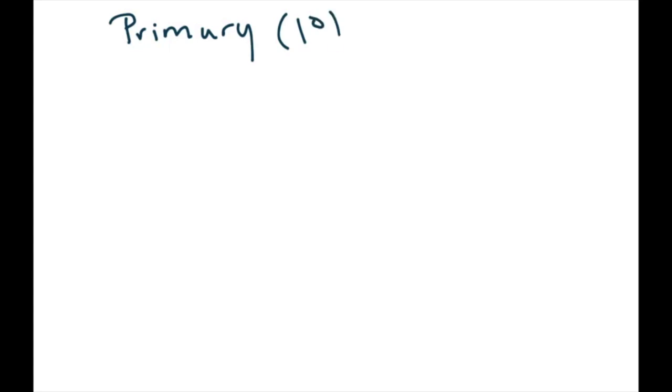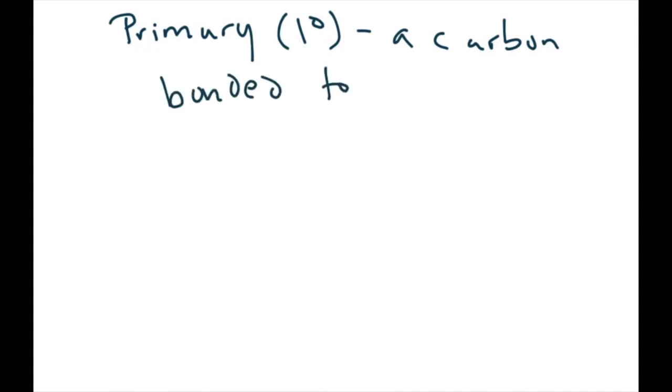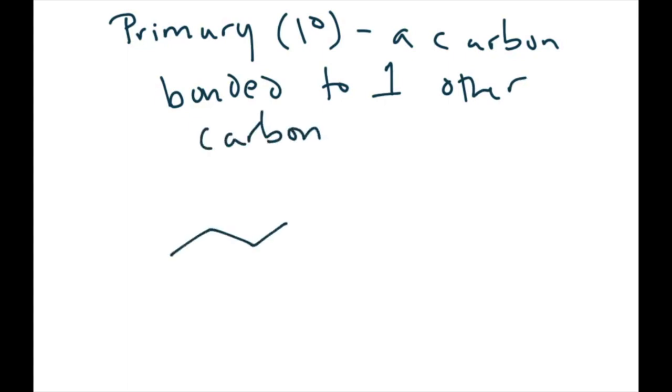Primary is a carbon bonded to one other carbon. When I say bonded, I mean directly bonded. So this carbon right here is directly bonded to one other carbon. So this carbon is a primary carbon.